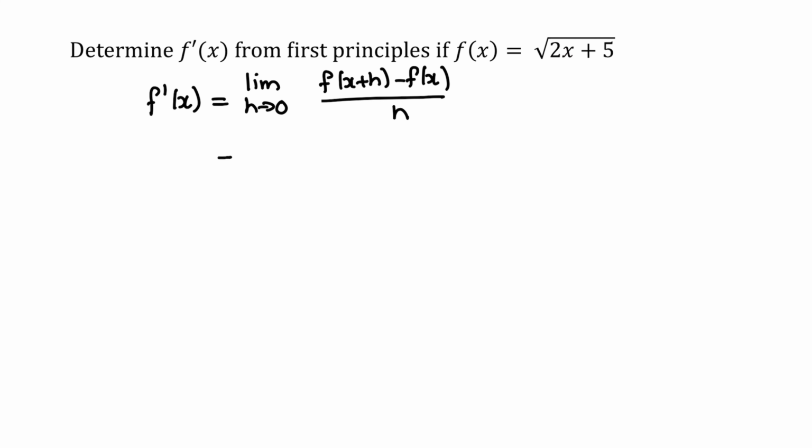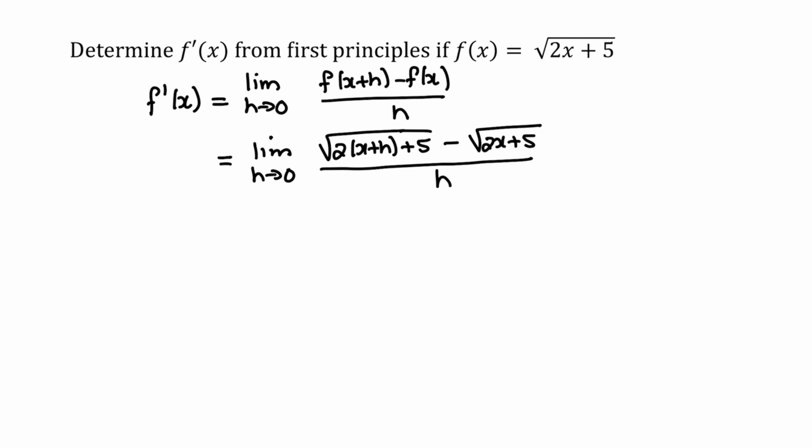So when I do that, we have the limit of h towards 0 of the square root of 2(x plus h) plus 5, minus f(x), which is simply the square root of 2x plus 5, and I have this over h.